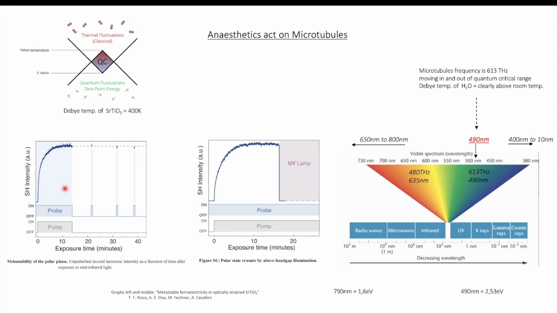That is because the quantum fluctuations act so strongly on the titanium in the middle of the molecule that it cannot decide to be ferroelectric, so it cannot create a polarization in the molecule.